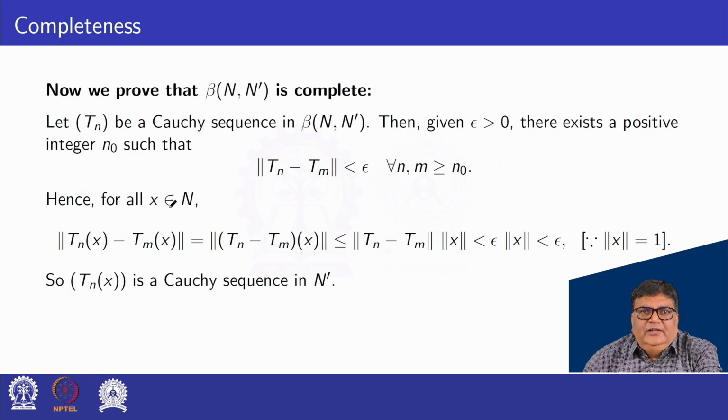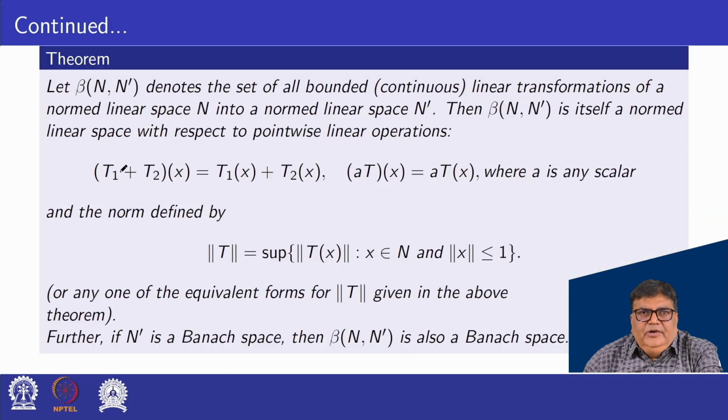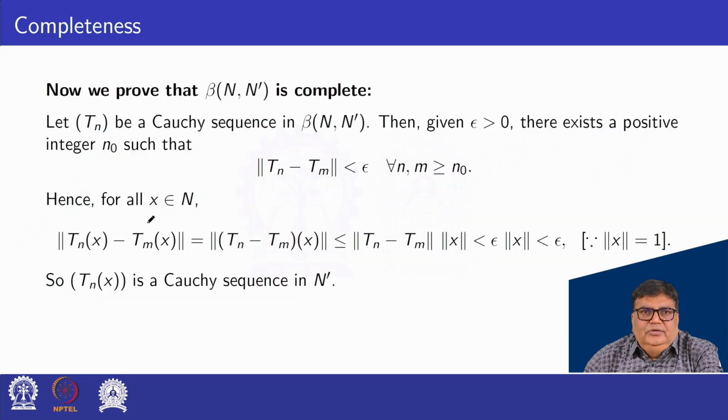Hence, for all x belonging to N, we can write norm Tnx minus Tmx equals norm of (Tn minus Tm)x, because in the statement it is defined that (T1 plus T2)x equals T1x plus T2x.